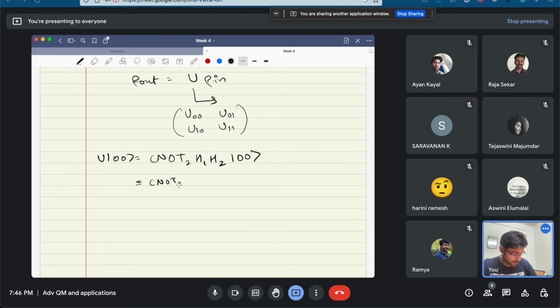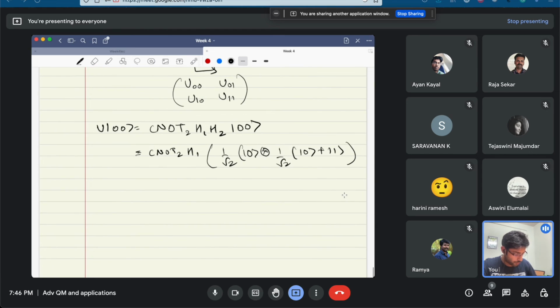So let's say H2 operating on the second qubit gives you 1 by root 2 times 0 plus 1. Now H1 operating on the first qubit, so you can write from here itself.